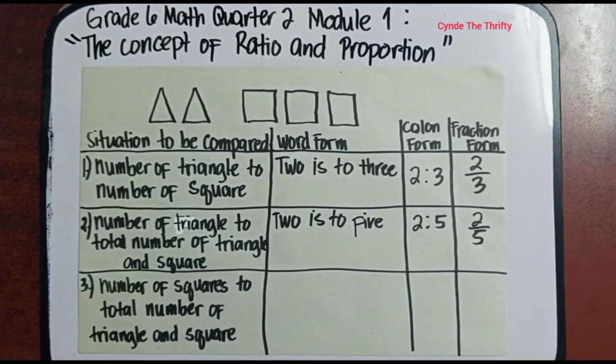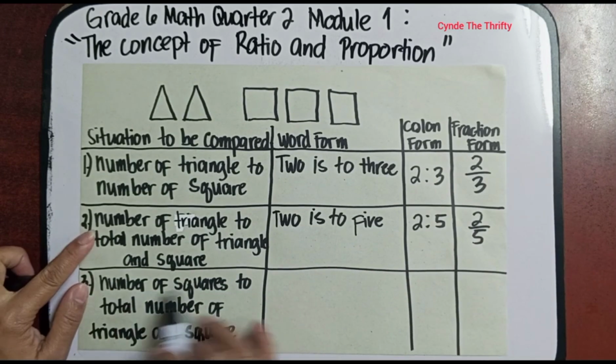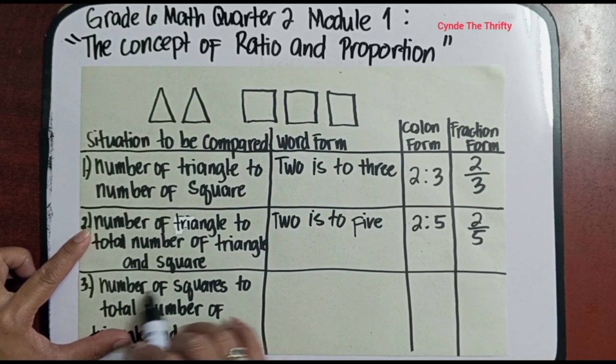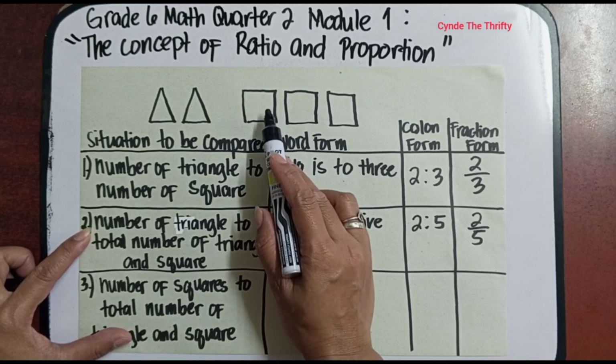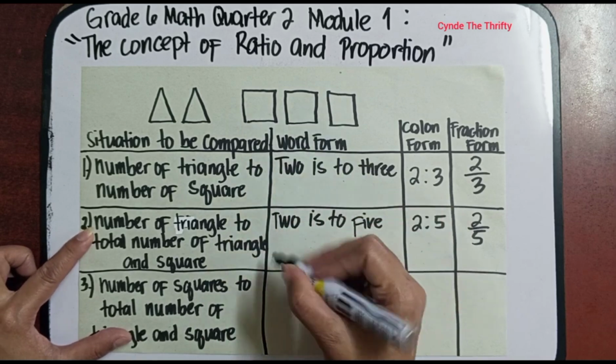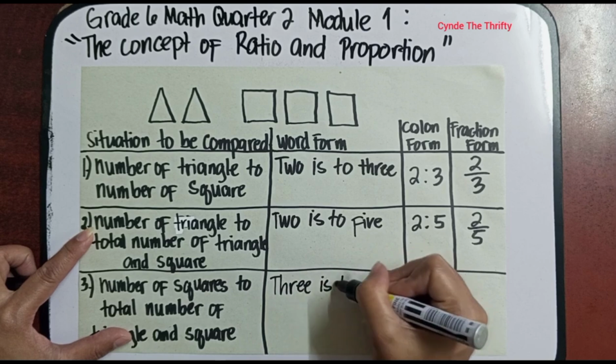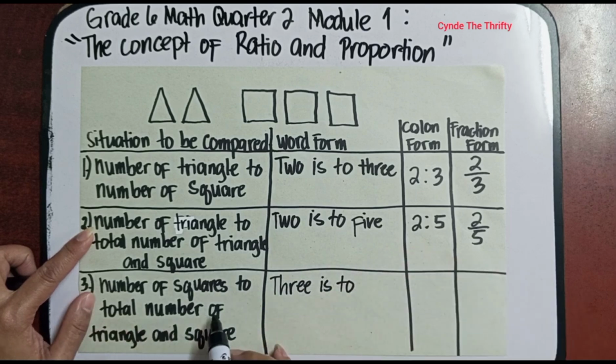Ayan. So, sa number 3 naman tayo. Number of squares to total number of triangle and square. So, number of squares, ilang squares? 1, 2, 3. So, 3 ang isulat natin dito. 3 is to total number of triangle and square.